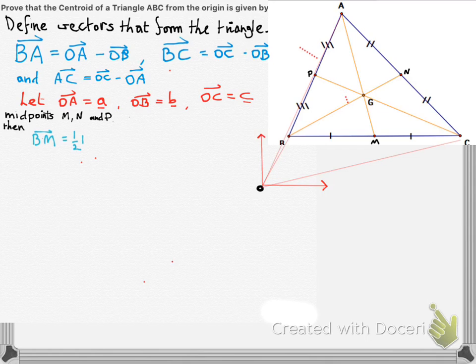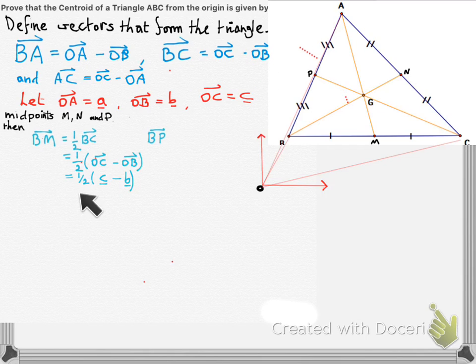Okay, now at each midpoint we have some information about the vector. We're looking at the first one from B to M. Well, that's half of B to C, and B to C is given by this vector expression here.